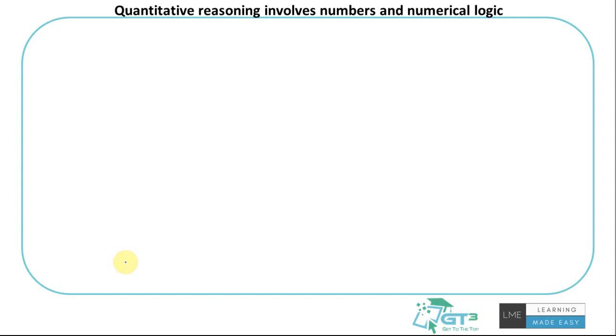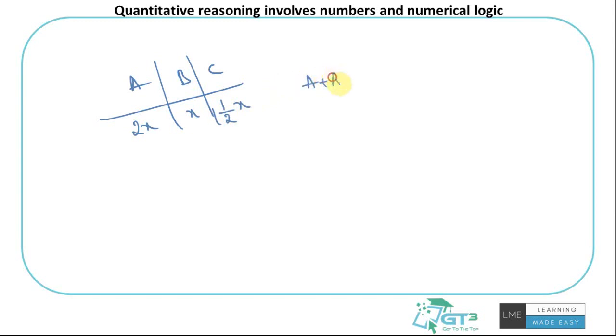Let's get to the same example I was talking about, A, B and C. A has twice as many chocolates as B, so if B has x, then A has 2x. C has half as many chocolates as B. Let's assume that's the clue, and then I say the sum of the number of chocolates of A plus B plus C is 10.